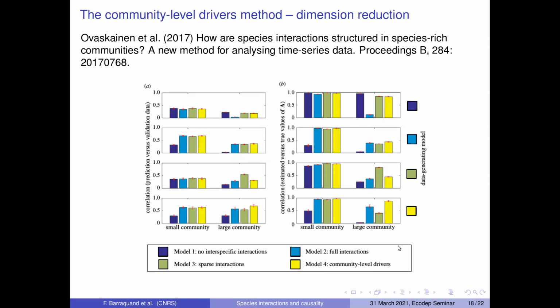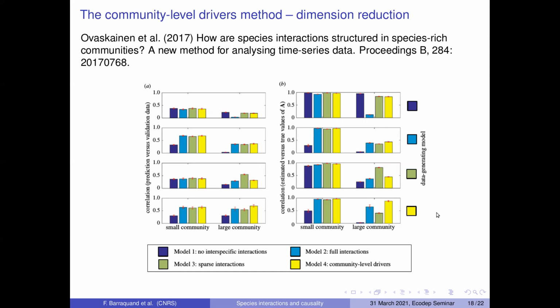So I won't go into all the details in this slide, but basically they have shown that for the data generating model with sparse interaction, you can recover that model and find that it's the best model. And for the model with the community level drivers, with the low rank representation, at least on simulated data, you can also say that, you know, this is the best model.